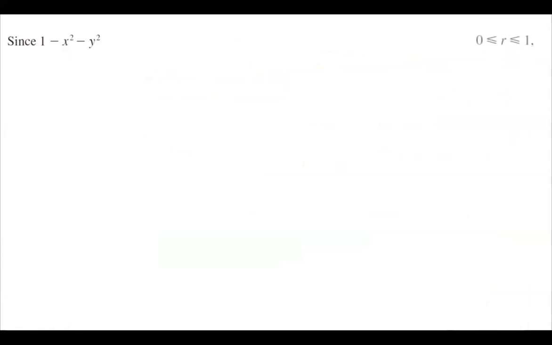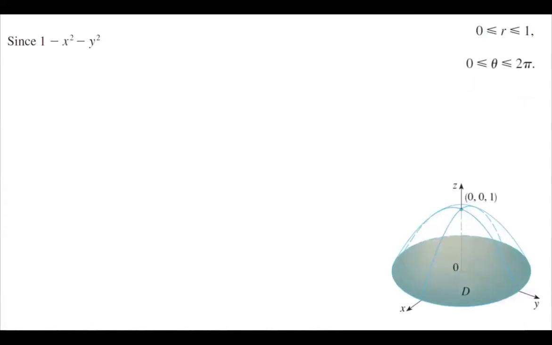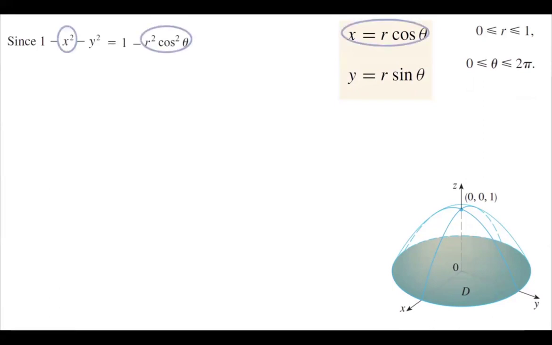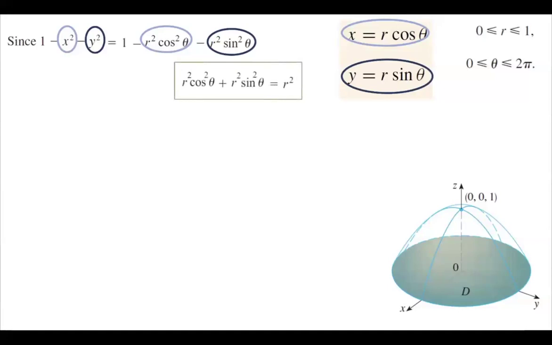Since 1 minus x squared minus y squared can be rewritten in polar form using x equals r cosine theta, y equals r sine theta, this is 1 minus r squared cosine squared theta, this is your x to the second power, minus y squared, which is minus r squared sine squared theta, and this is coming from the definition of polar coordinates. At the same time, we know that r squared cosine squared plus r squared sine squared is equal to r squared.